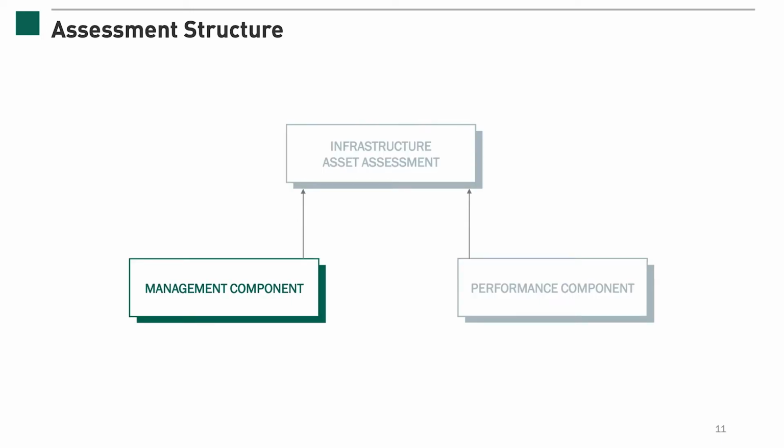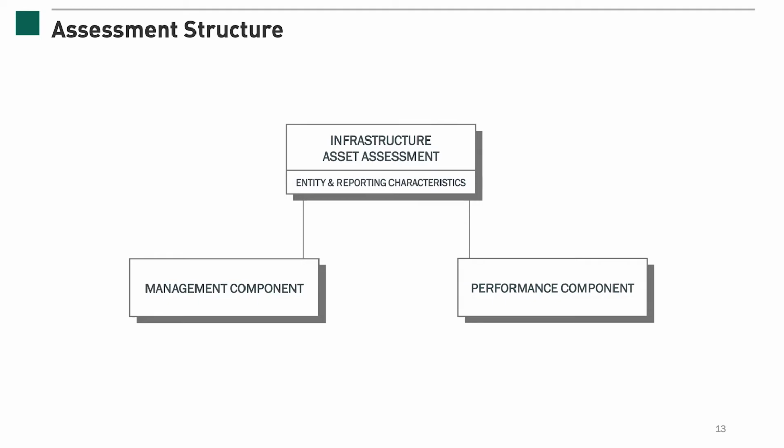The management component measures the entity's strategy and leadership management, policies and processes, risk management, and stakeholder engagement approaches, comprising information collected at the entity level. The performance component measures the entity's performance, comprised of information collected at the asset level. It is suitable for any infrastructure company or fund with operational assets.